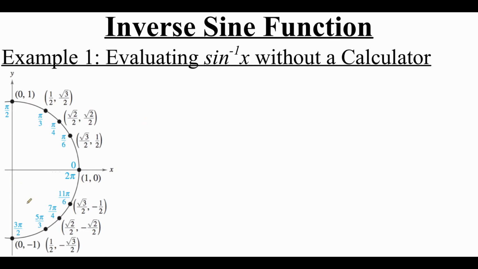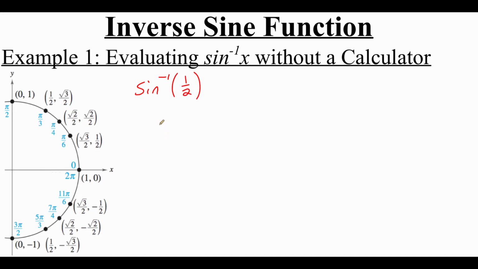I've got half of a unit circle here available for us to look at. Let's say we wanted to find the inverse sine of 1/2. As we're evaluating inverse trig functions, our answers are always going to be some angle. So we're looking on our unit circle and trying to figure out at what angle the sine value is 1/2.